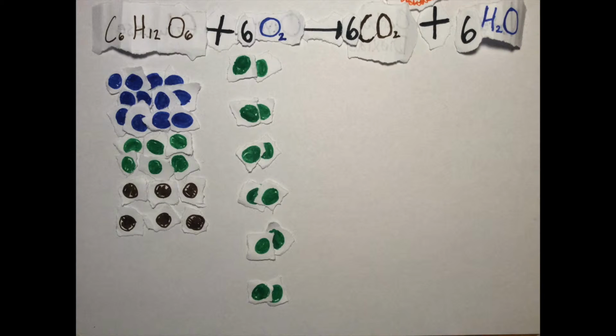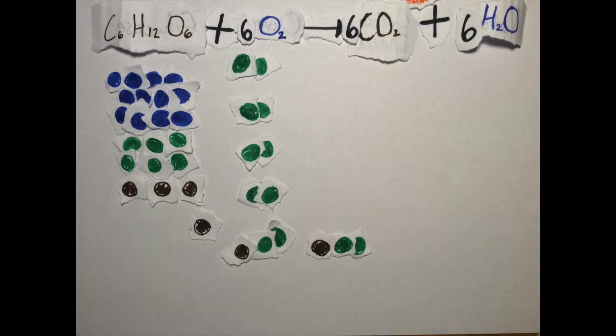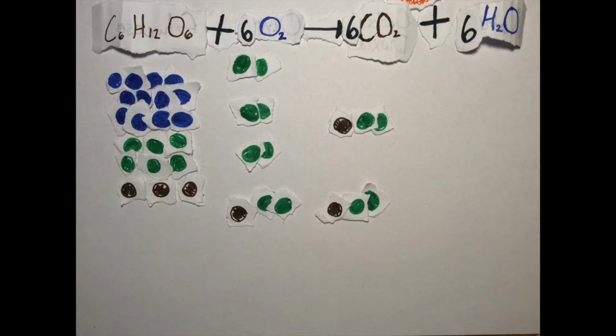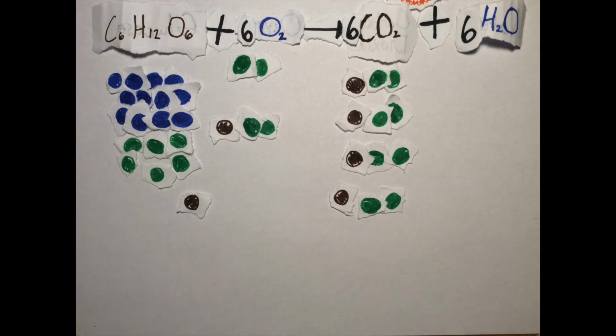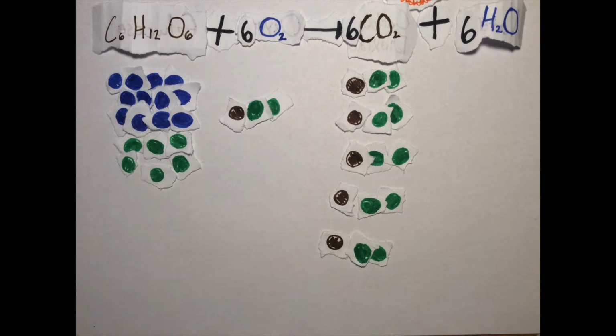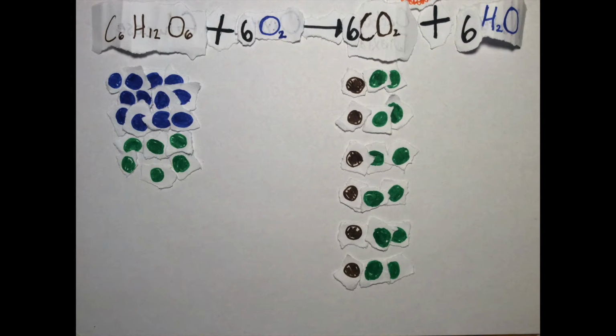Now we're going to see each of these atoms binding together to make the products. Starting with the carbon atoms, we'll send the carbon atoms each with an O2 molecule to the other side, and you see that they're making CO2, 1 carbon, 2 oxygen, and conveniently there's 6 of them. Look at that.